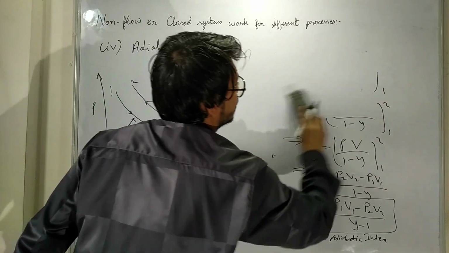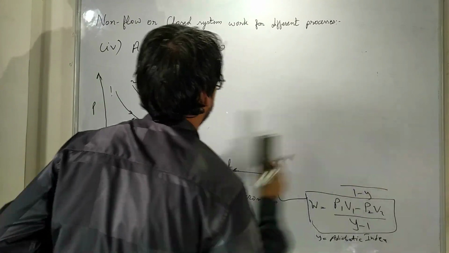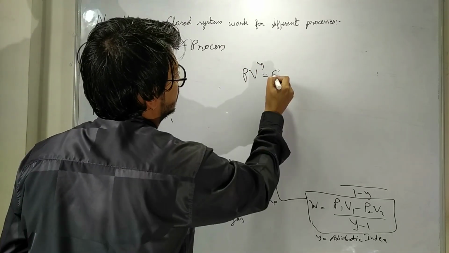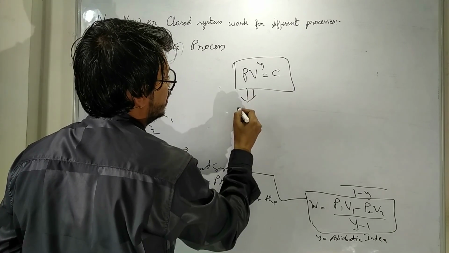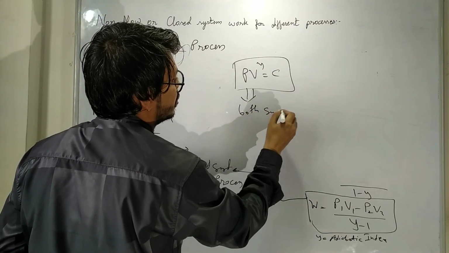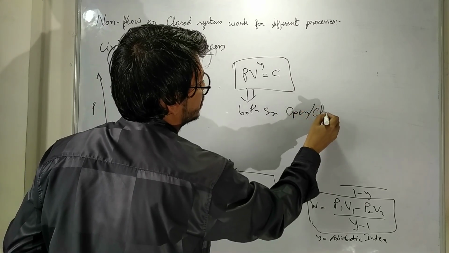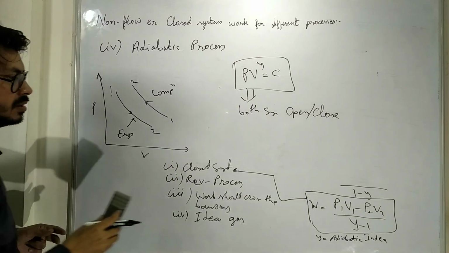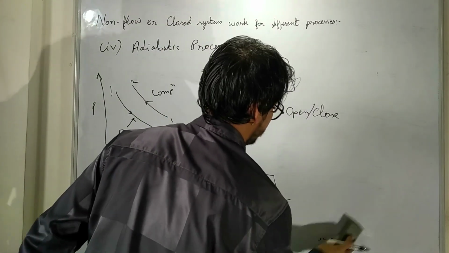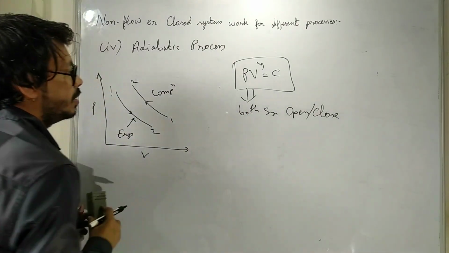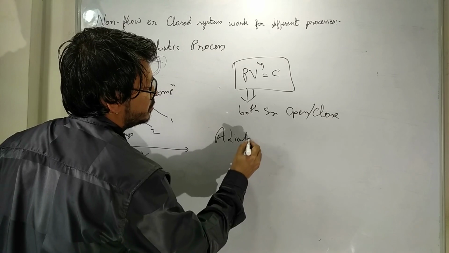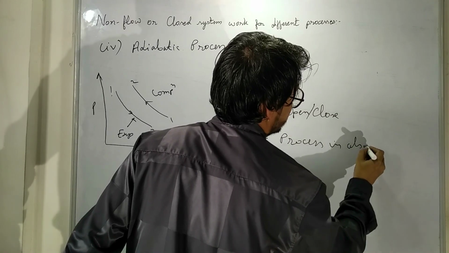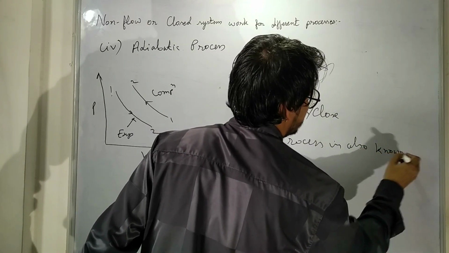Note one thing, PV to the gamma equals constant is applicable for both systems, open or closed. So for both open and closed systems, we can assume this PV to the gamma equals constant.